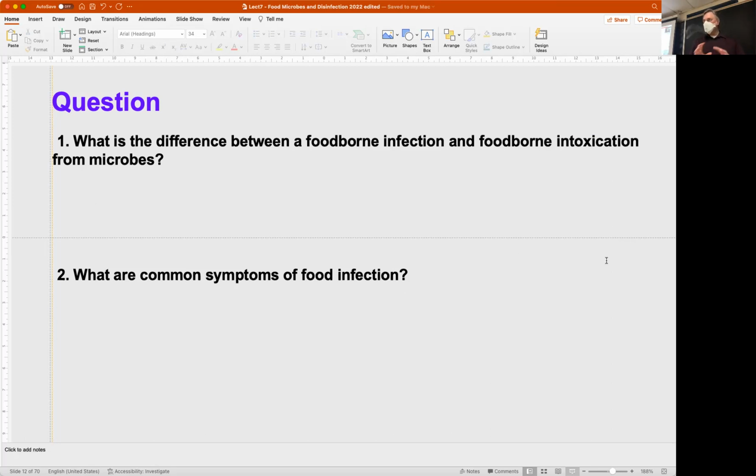With foodborne intoxication, you ingest the toxins from bacteria or yeast or whatever microbe you have, and you get sick from the toxins. And common symptoms? Anybody want to give me a couple of symptoms? Chills, diarrhea, nausea, all that sort of stuff. Those are all symptoms of foodborne infection.